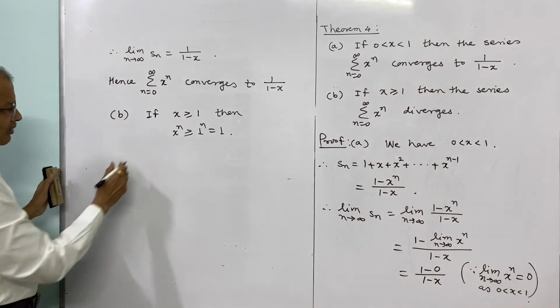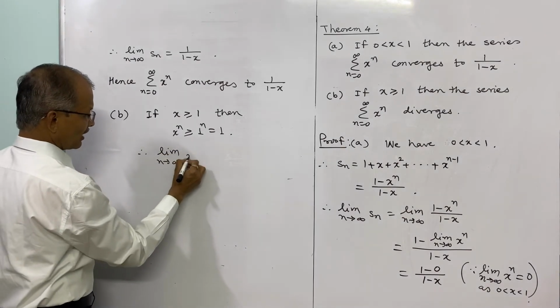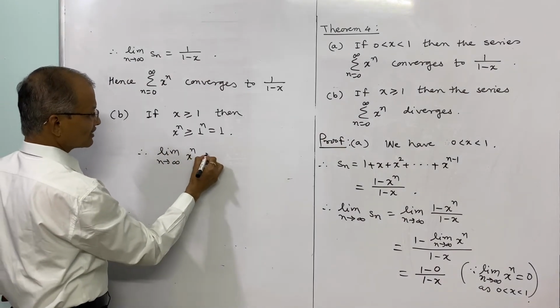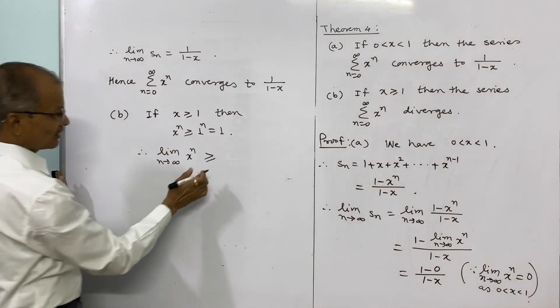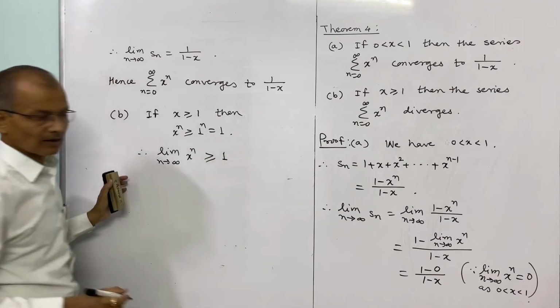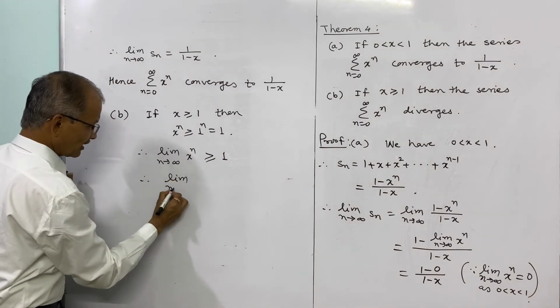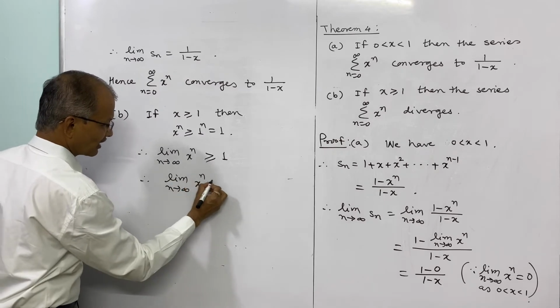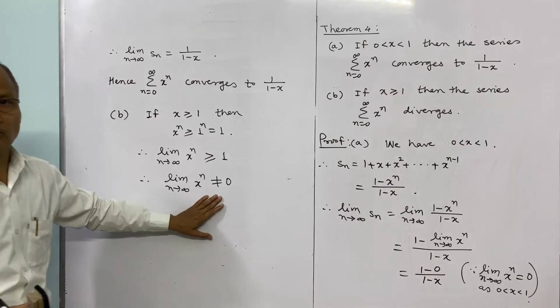So if you take the limit as n tends to infinity of x to the power n, this will be certainly greater than or equal to 1. Limit on both sides, and that is 1, greater than or equal to 1. That means the limit as n tends to infinity of x to the power n is not equal to 0. It is greater than or equal to 1, so certainly it is not equal to 0.